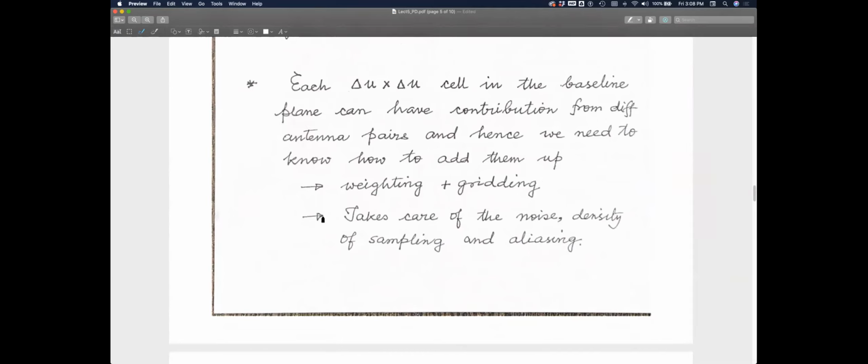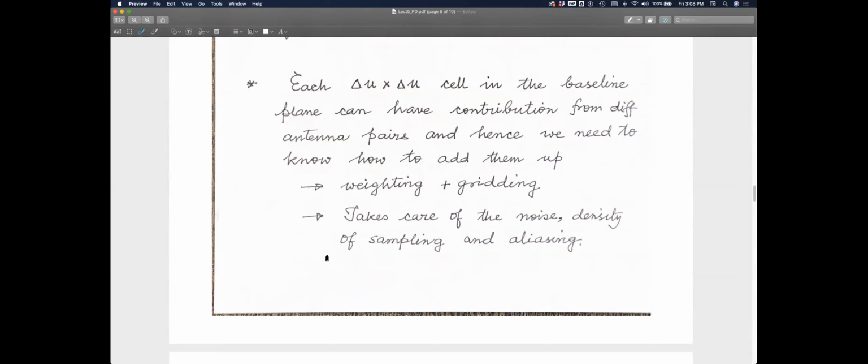Now, remember that in all the discussions so far, we just pick up two antennas and see the visibilities of these two antennas. If I choose one of these delta U cells in the baseline grid, the UVW grid, then I may have a measurement from this pair of antennas.